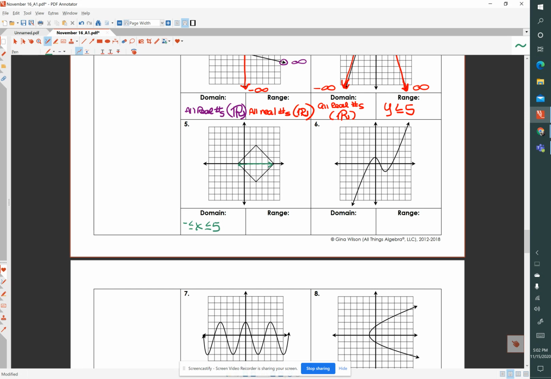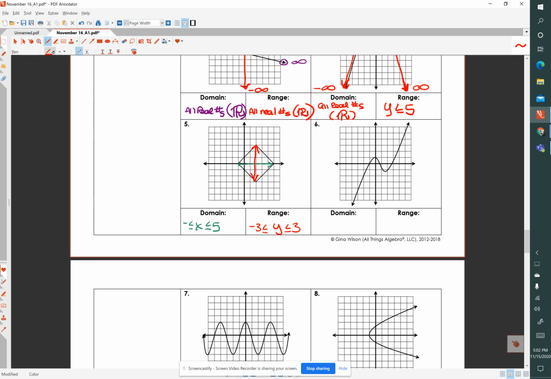But our range, let's change our color. Here's the range. So it's the y values, and the range starts at -3, which is less than or equal to y. Y is less than or equal to 1, 2, 3.